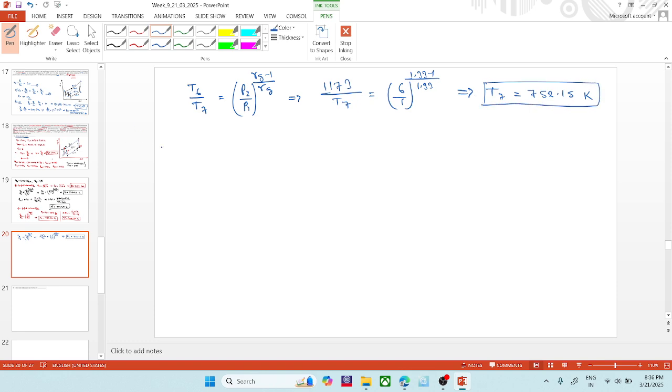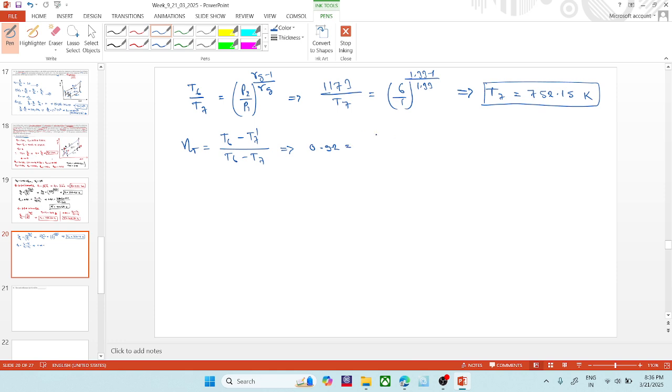Then I will apply the turbine efficiency. Eta T would be T6 minus T7 dash divided by T6 minus T7. The turbine efficiency we have is 0.92.